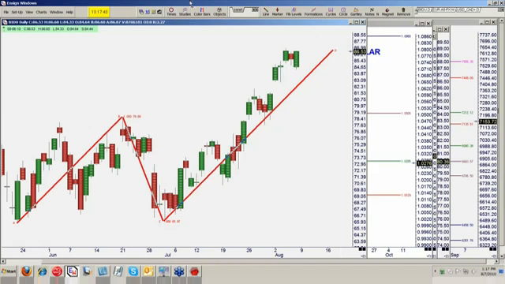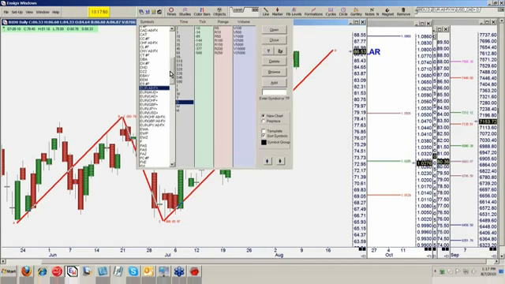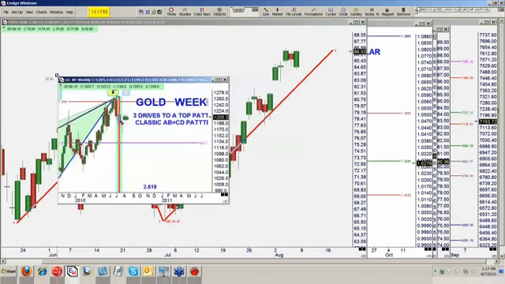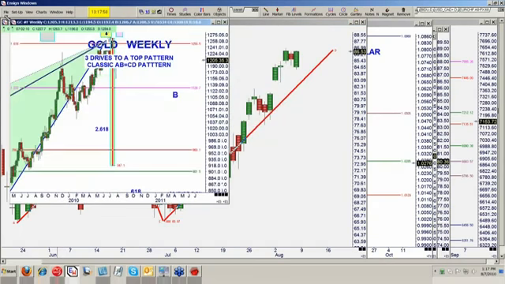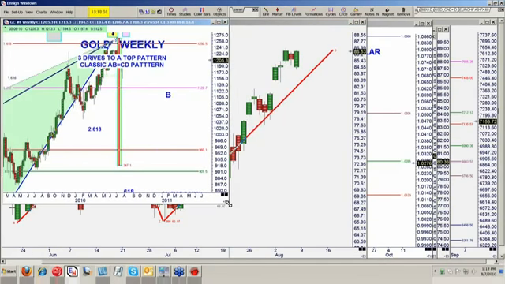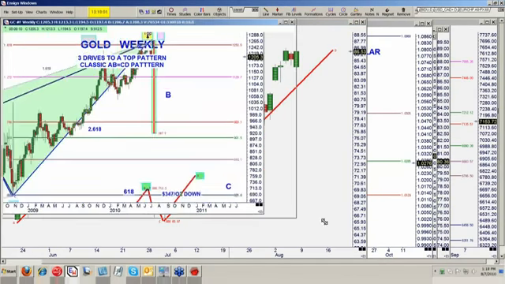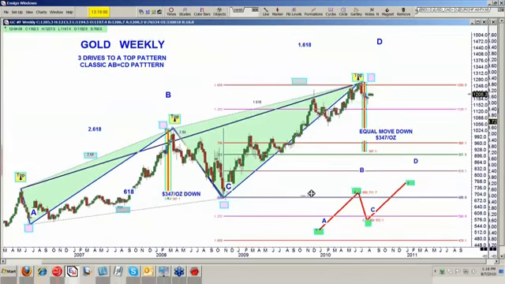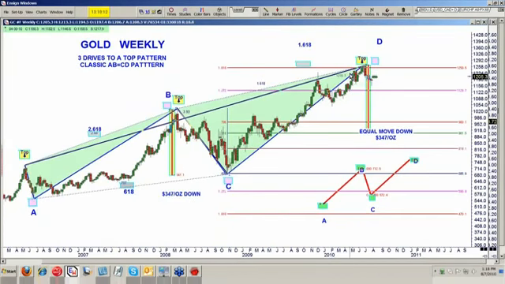If you want to see something, when we shorted the gold here, let's just do the weekly gold chart. This was when we went short gold a few weeks ago. These are not quite set the way I want, but close enough. You can see the ABCD leg, and it stopped exactly at the 1.618 within just a few dollars.